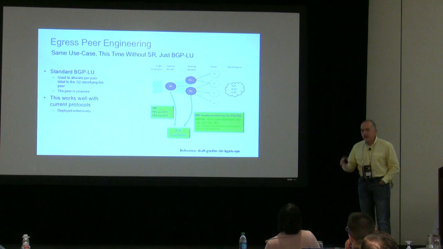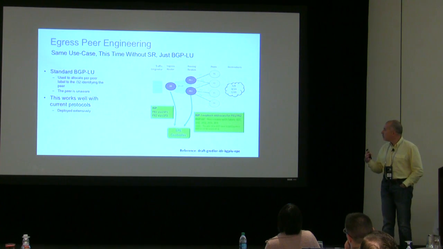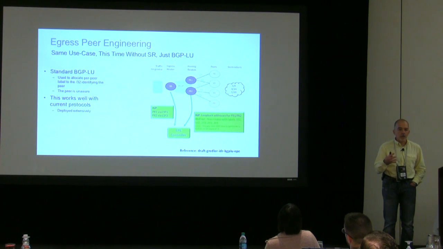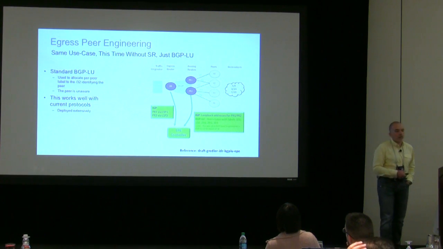My next slide is what I meant to talk about. The same information can be disseminated using either IGP or BGP-LU or BGP-LS. There's a bunch of protocol choices for that. The bottom line is that the controller can come up with exactly the same EPE tunneling policy, and it can impose it on the ingress of the traffic.